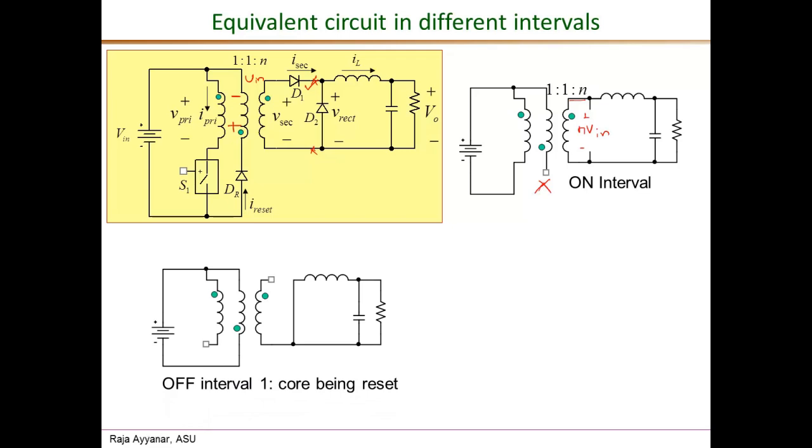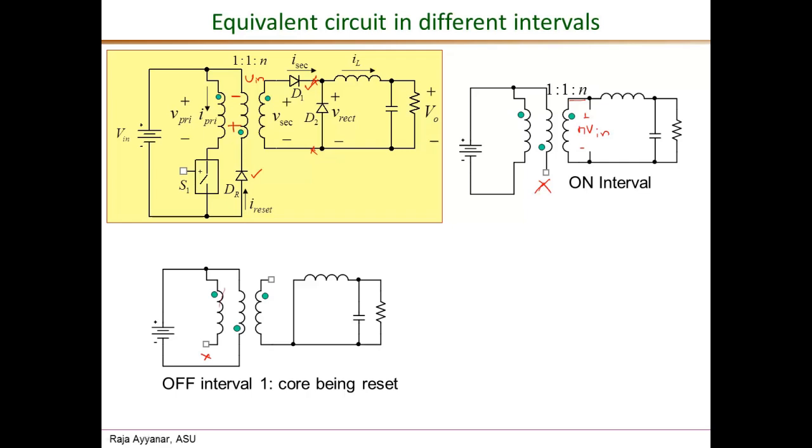During this period the switch is off, so this is open, and the reset diode conducts. The reason is that the energy stored in the magnetic material would force a current that enters the dot, and the reset winding is the only place where current entering the dot is allowed by the circuit arrangement.